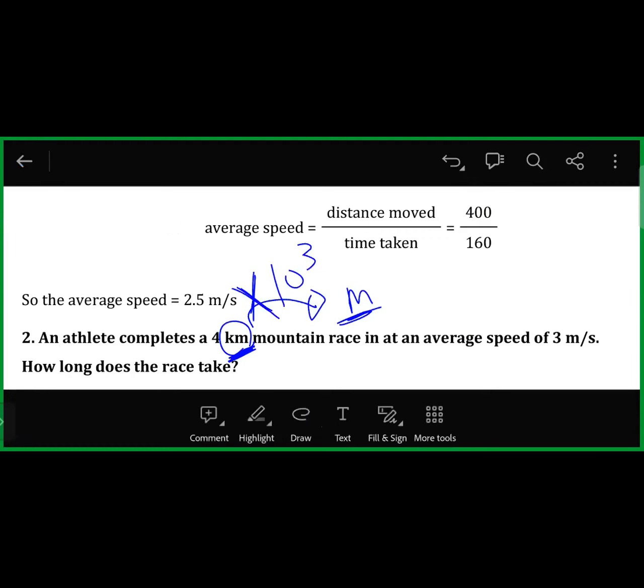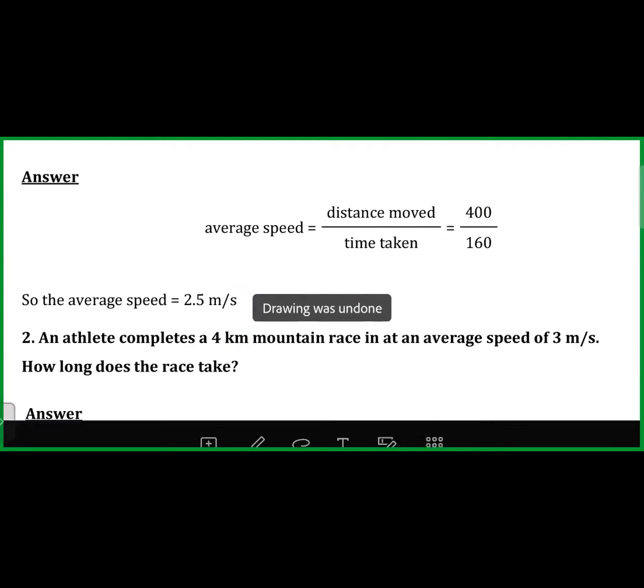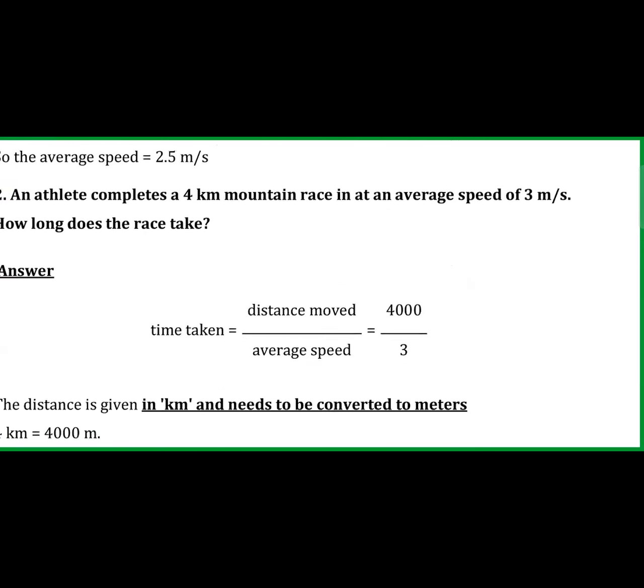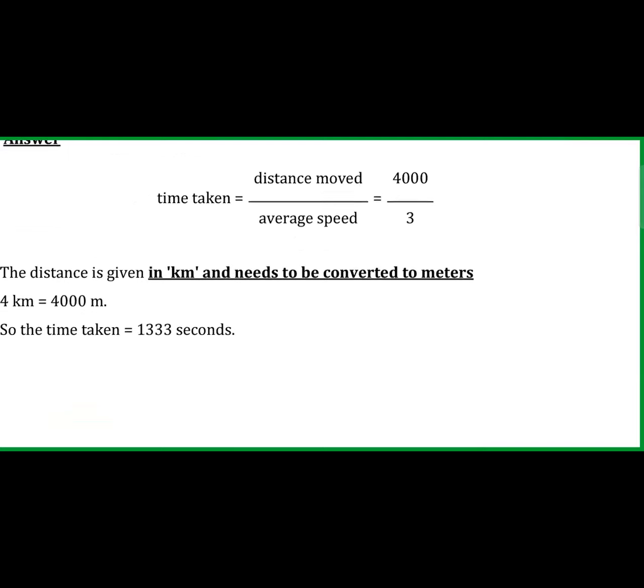Complete, please. So 4,000 divided by 3 meters per second is 1,333 seconds. Well done.